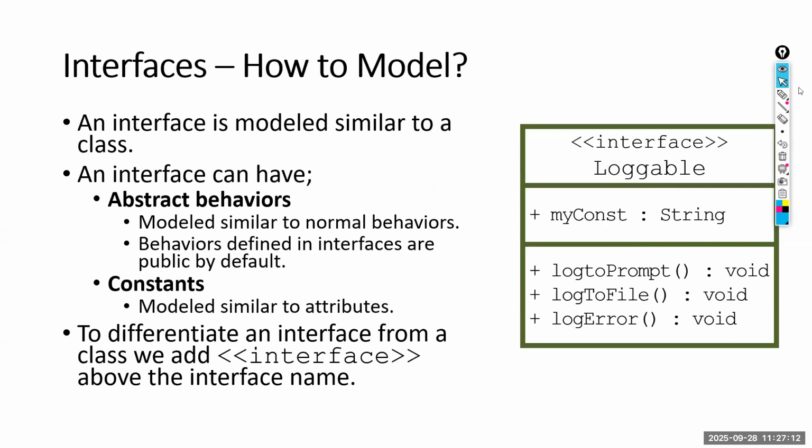This is just a revision. So you must have only abstract behaviors and constants. There's nothing called instance variables in interfaces because you don't create objects of interfaces.